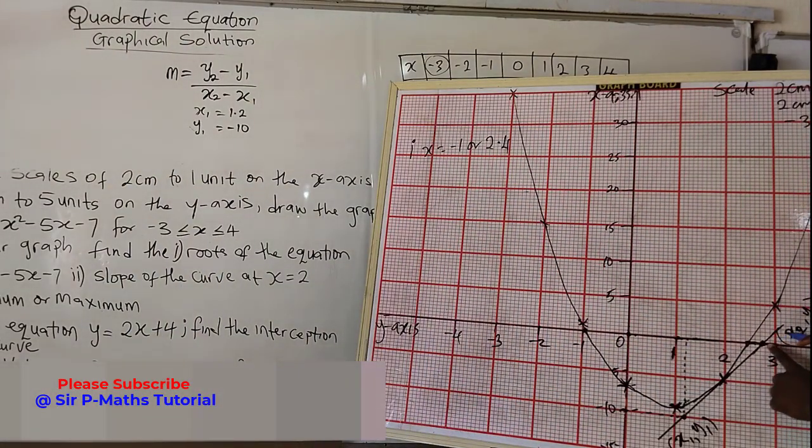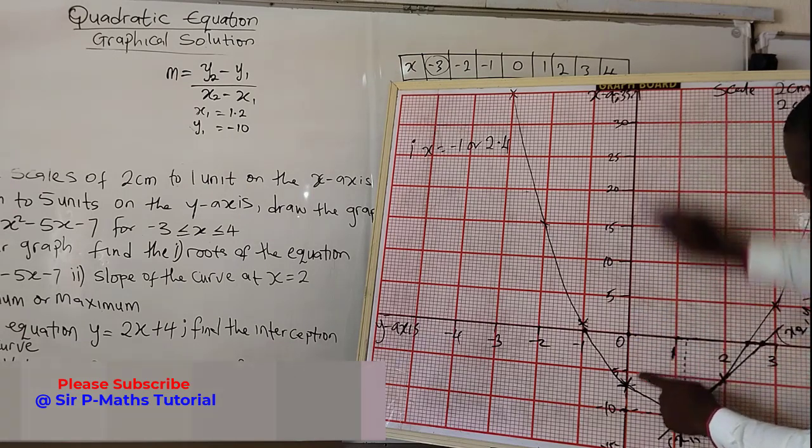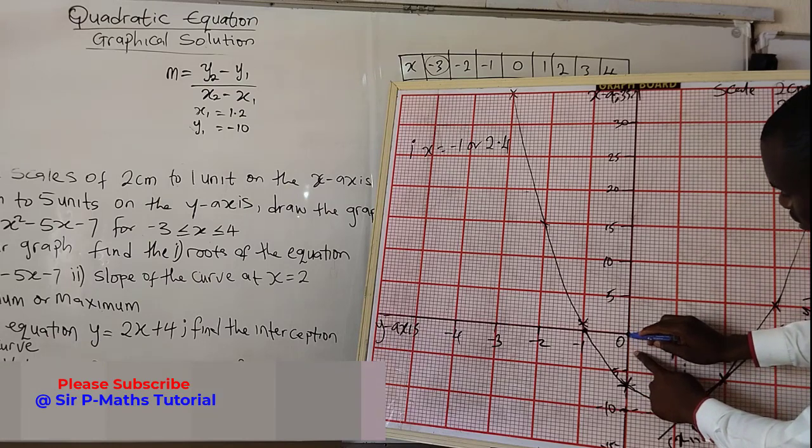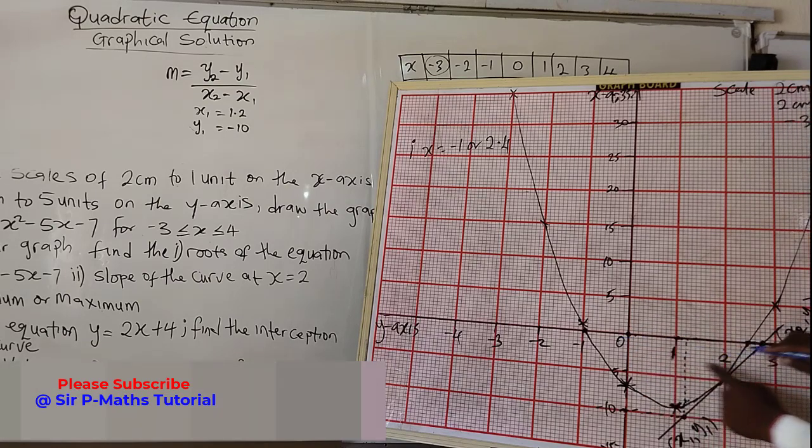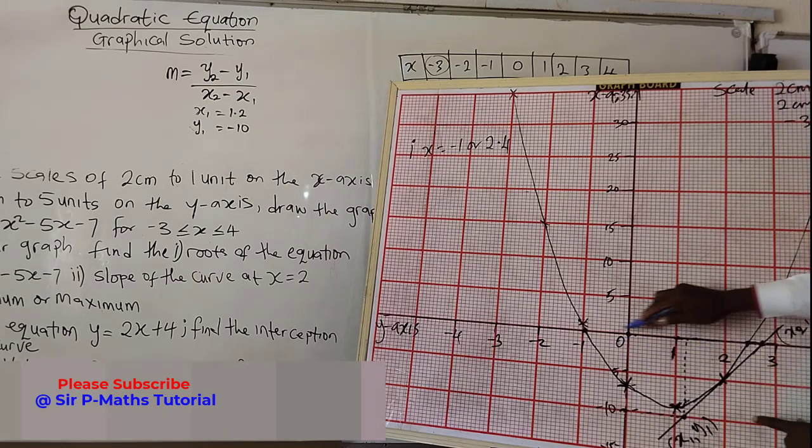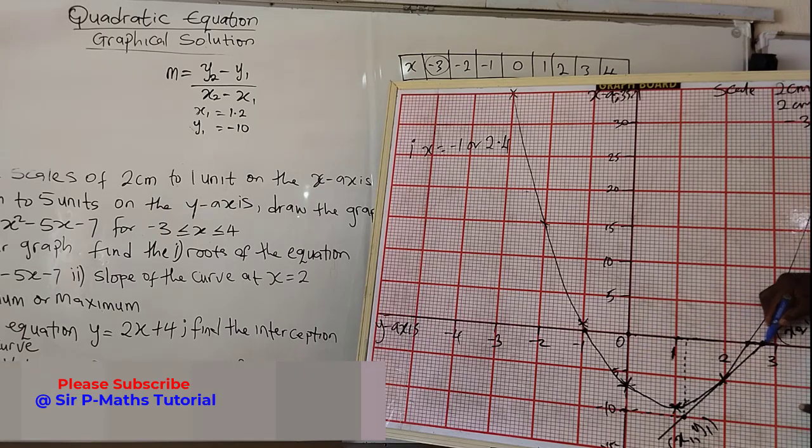Then for x2 and y2, this point will be traced to y. Look at y here. If I trace it to y, it's at the origin, which is 0. And then x is already on the x-axis. This point is already on the x-axis. So I will have to count from here. 2.1, 2.2, 2.3, 2.4, 2.5, 2.6, 2.7. It is on the 2.7.